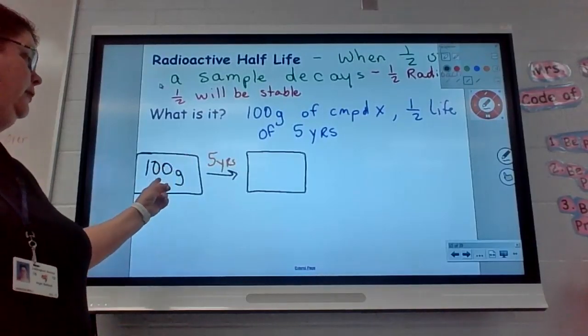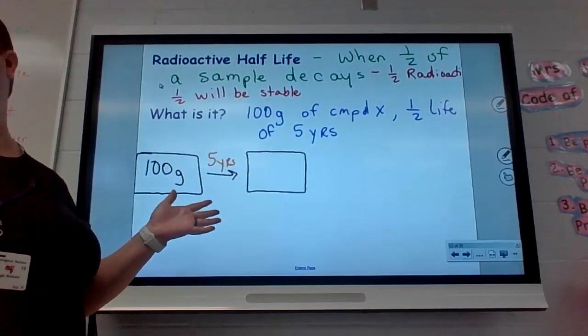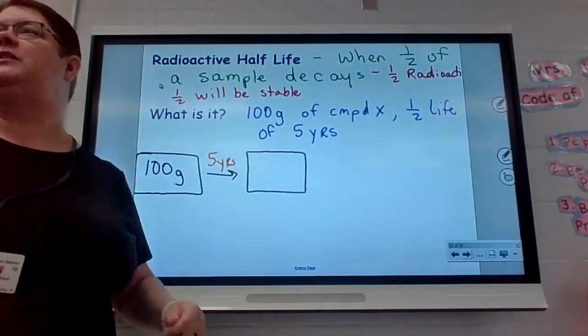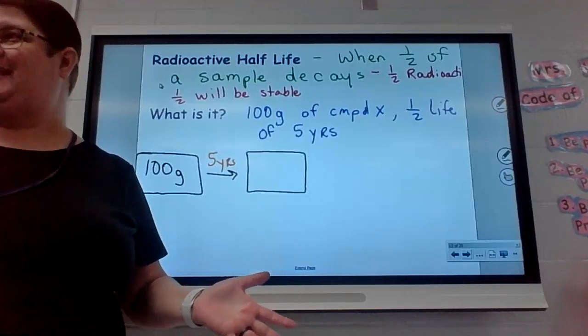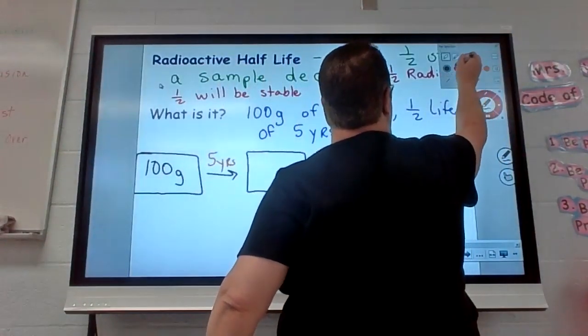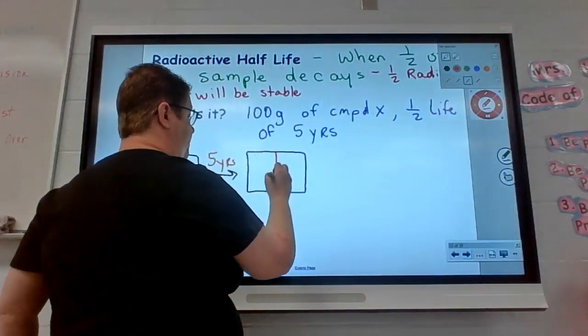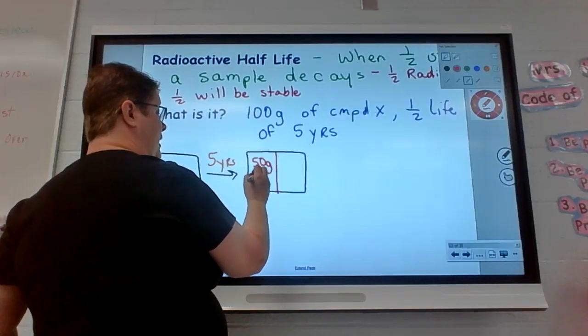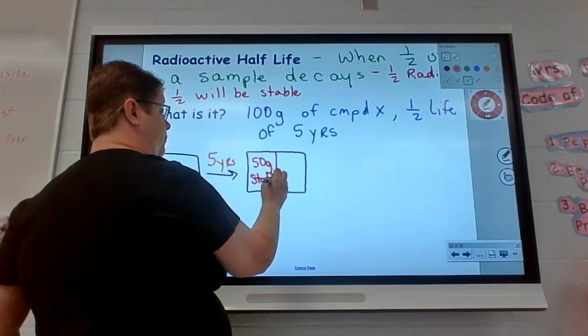How much has to be left? Still got to have 100 total left, right? But according to what we've said, half of it will become stable. That's what I meant. Okay, I know you did. I was just checking to make sure everybody was with me and I still had 100. So, 50 of it undergoes decay and becomes stable.